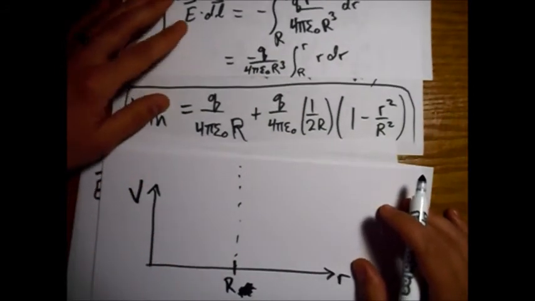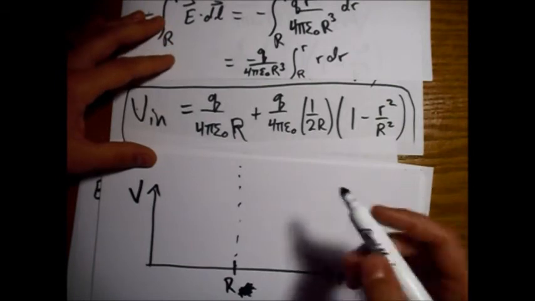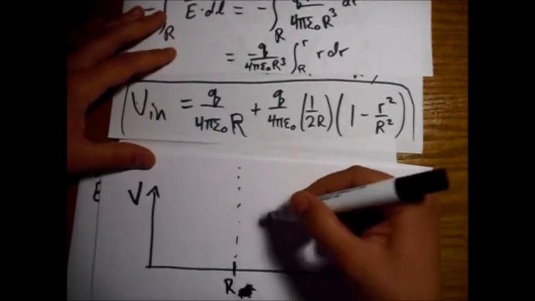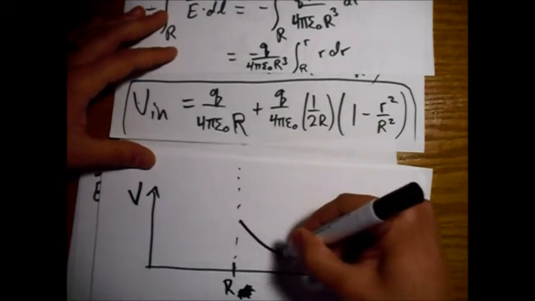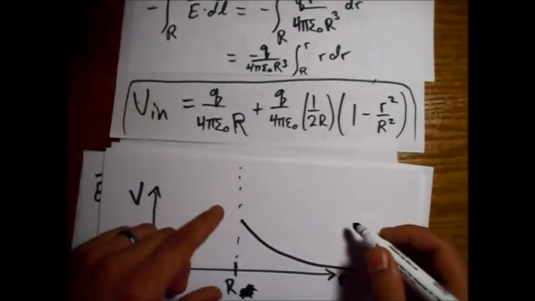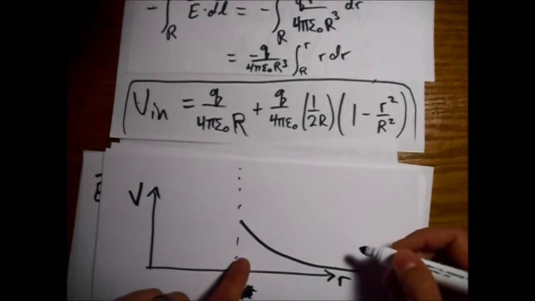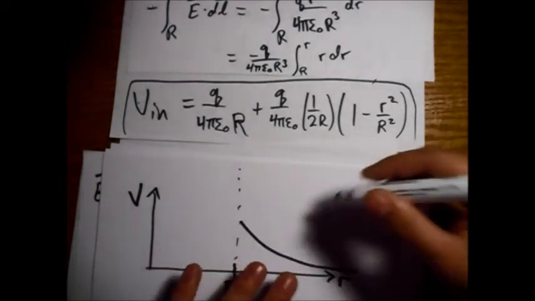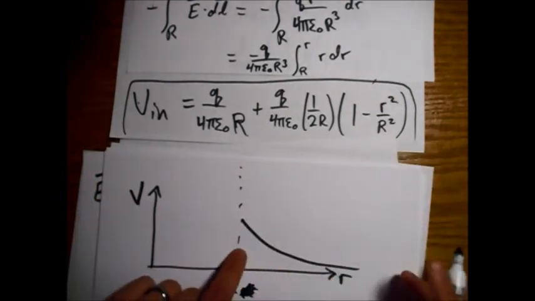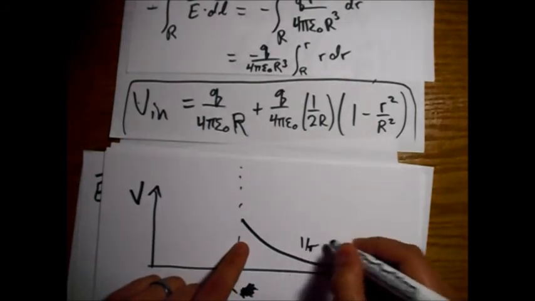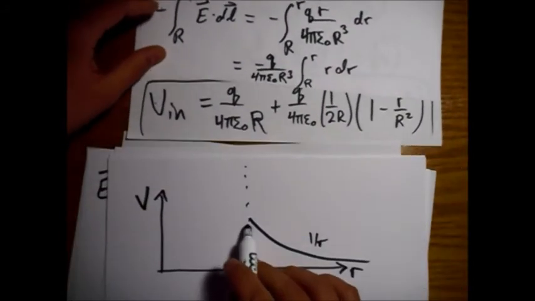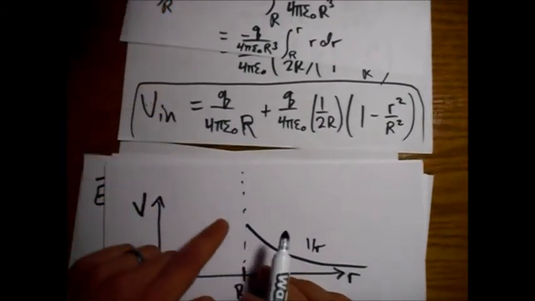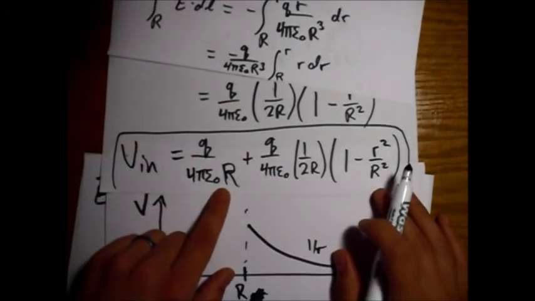And its value at that point, basically outside of this, it's just going to drop off as a 1 over R. I may have not drawn that quite right, but you can use your imagination. This is a 1 over R dependence out here, and it's going to match up with what's here on the inside.